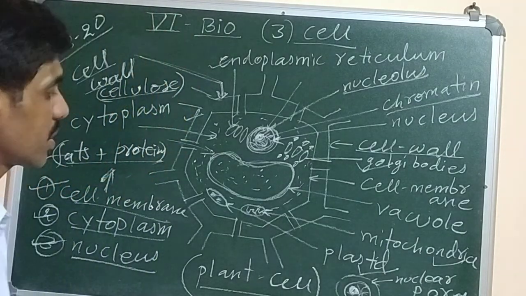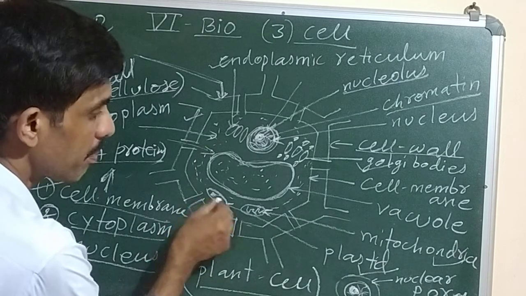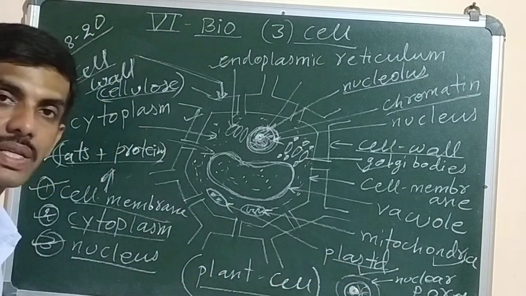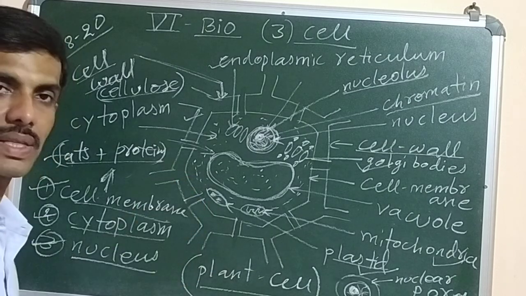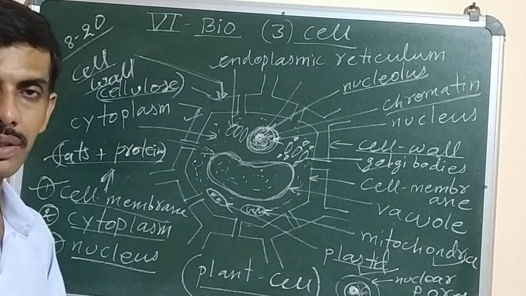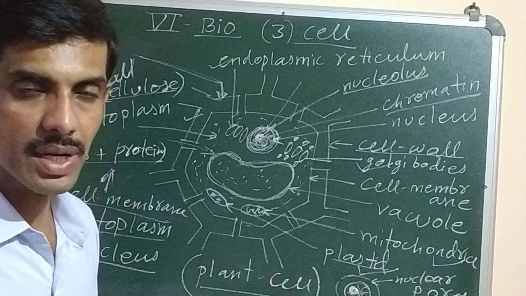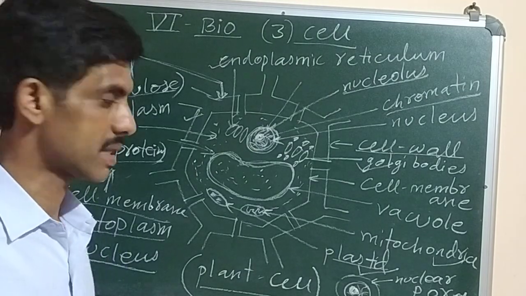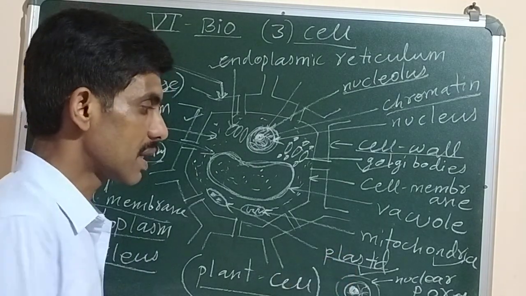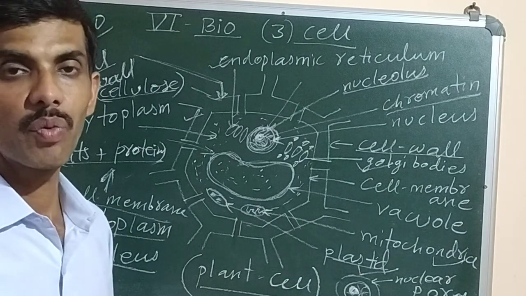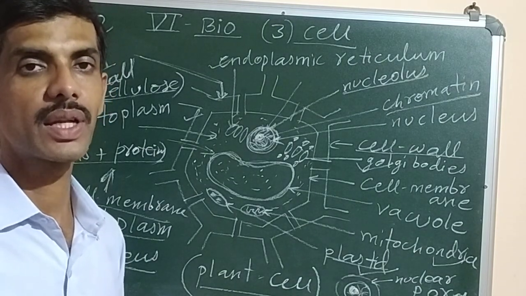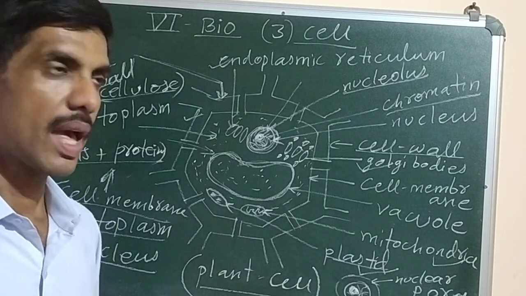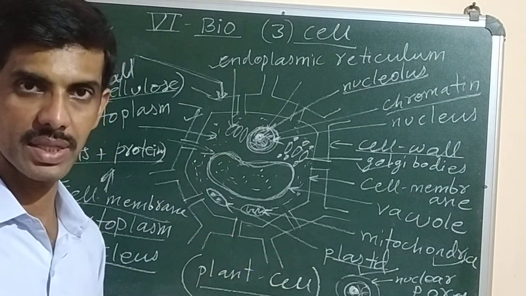So apart from this, you can see in this diagram we have plastid. What is plastid? Plastids are the cell organelles which are found only in plant cells. There are three types of plastid: chloroplast, chromoplast and leucoplast. Chloroplast is the one which contains a green pigment called chlorophyll that gives green color to the plant, and it also helps in photosynthesis.